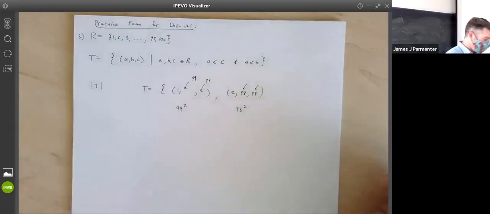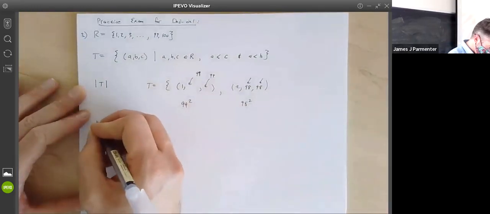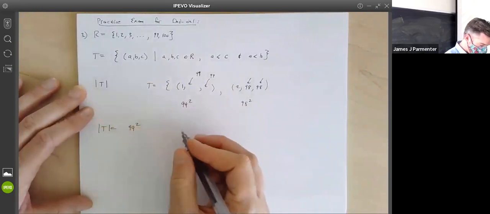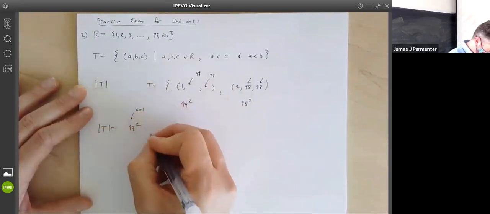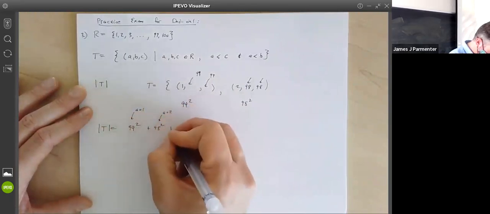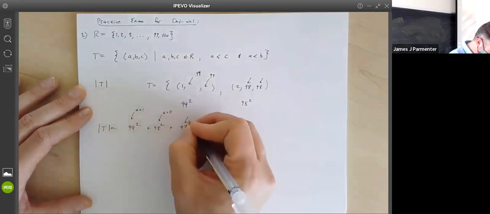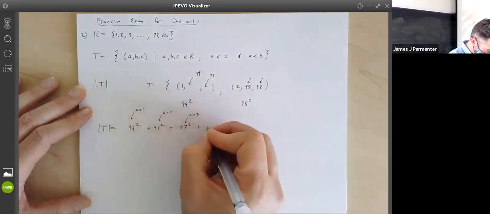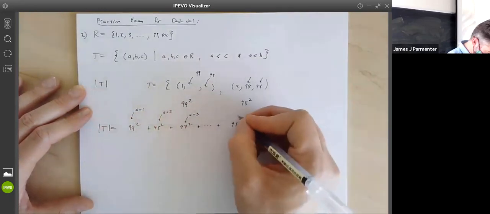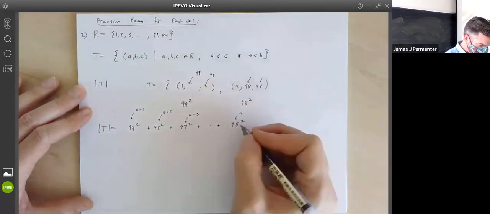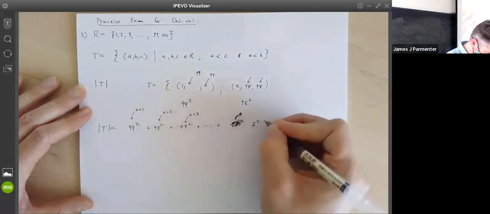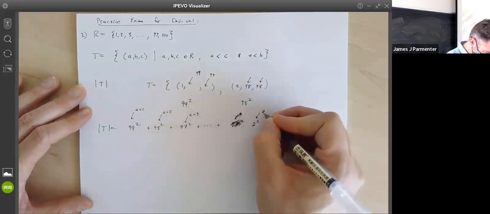So it looks like the size of T is going to be 99 squared when A is 1, plus 98 squared when A is 2, plus 97 squared when A is 3, all the way down to 2 squared when A is 98.